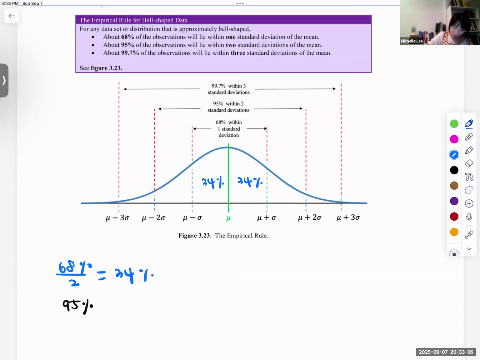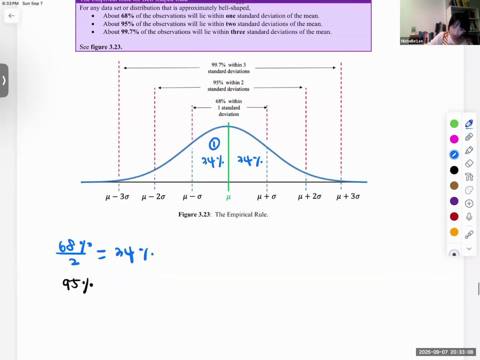That's how we get that, right? Number two, we have 95%. So take away 68% from there, right? So there's 27%, that segment, right?